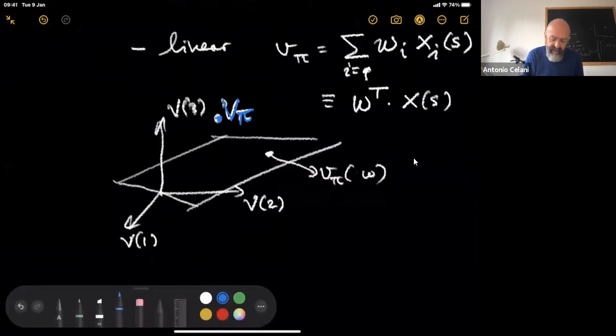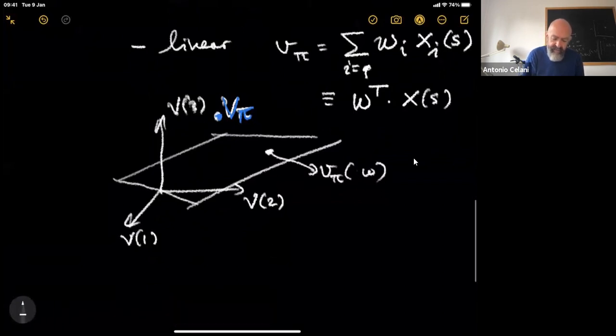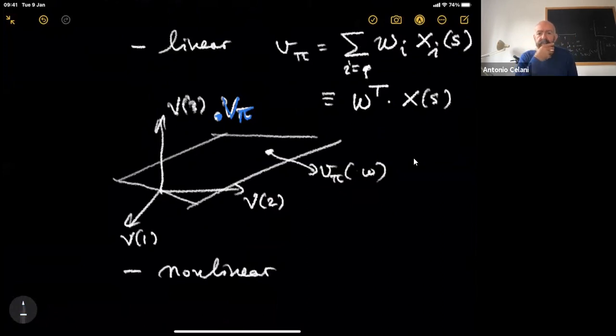And then there is a second architecture, which of course is the opposite of what is linear. But in practice, this is a non-descriptive characterization of the possible descriptions that you might adopt for your parameterization of the value function.